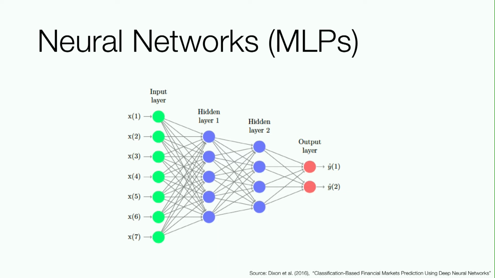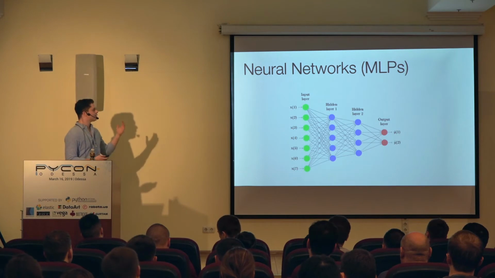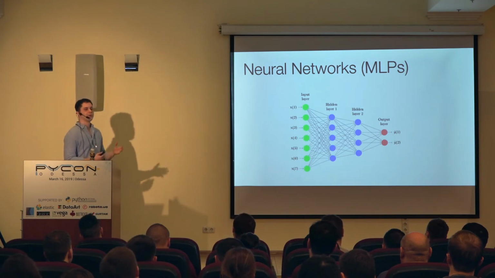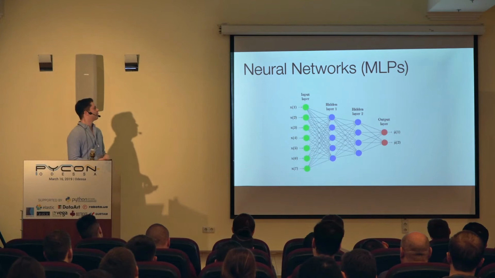And by having multiple layers, the model can basically learn more abstract or compositional knowledge about your input. So in this case, if you look at the picture, your data is the green points, and then it basically combines that to create this intermediate representation in blue, recombines that to create another intermediate representation, and then finally comes up with the output that you want for your model.